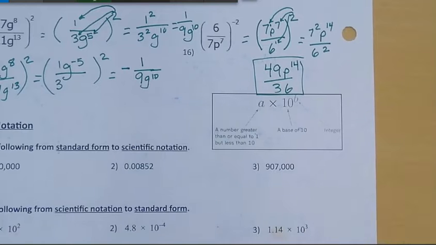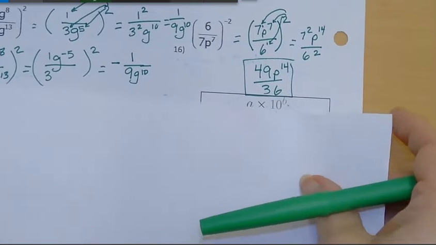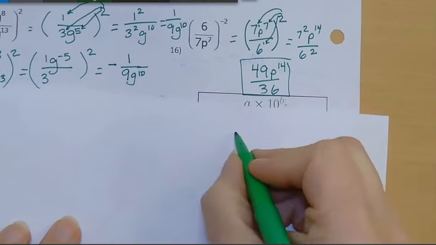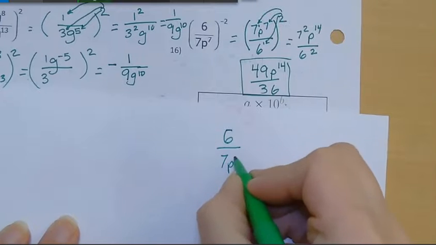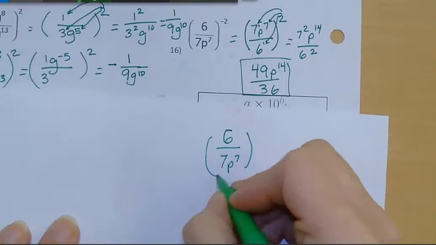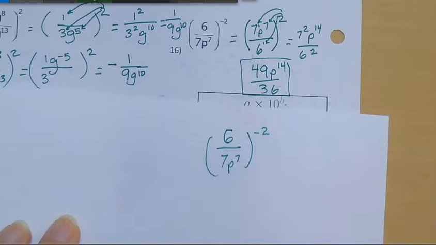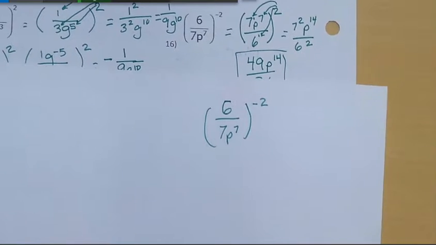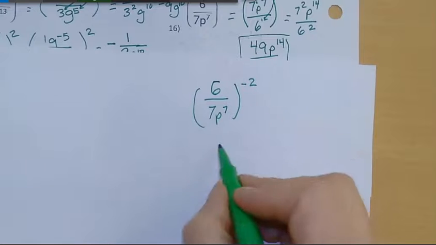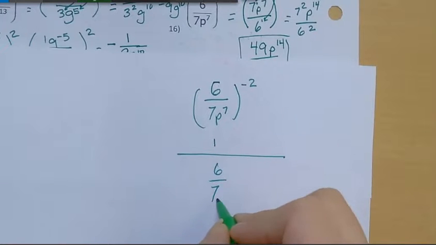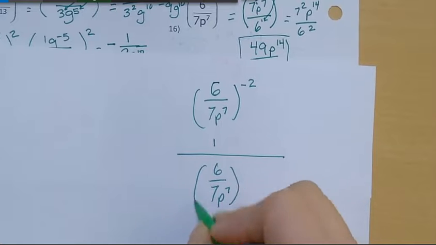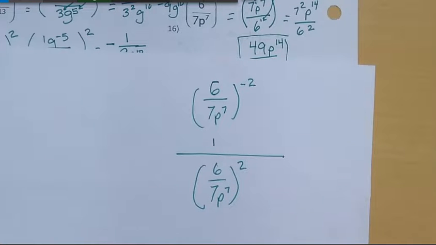Another way to solve that problem. The long way to solve that problem and prove to yourself that you're allowed to flip that fraction bar upside down. If I have 6 over 7p to the 7, all raised to the negative 2, you know that that really equals 1 over that whole fraction to the positive 2.